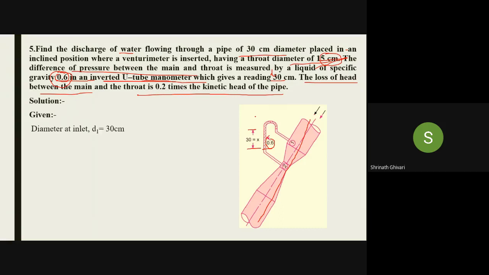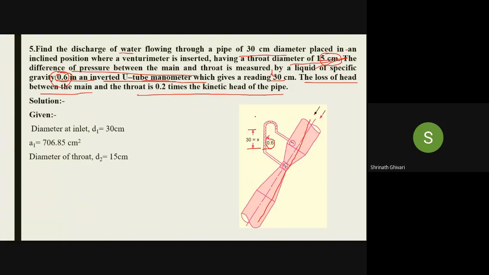Now what are the given values? Diameter at inlet d1 equal to 30 centimeter. What will be the area? 706.85 centimeter square.